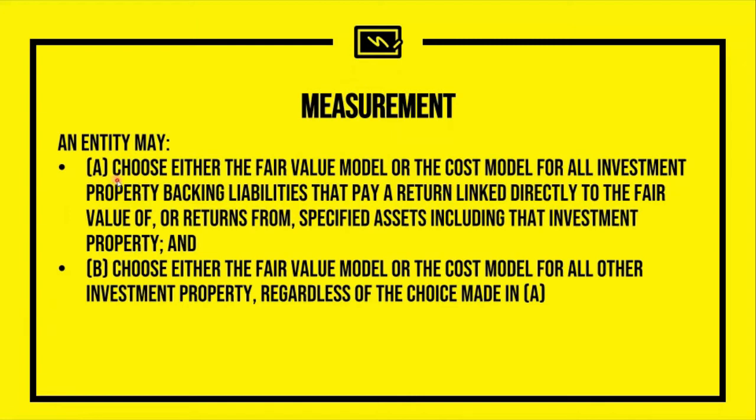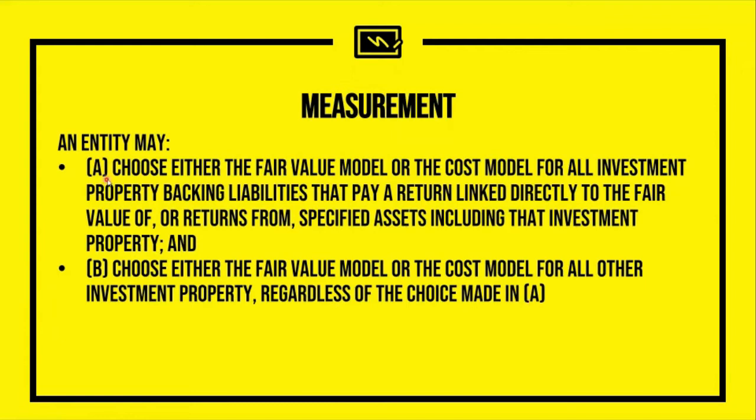You need to use only one model for all the investment property classified under letter A. And then, for all investment property classified under letter B, you must choose only one model, either fair value again or cost model, for all of those. Okay? And it says there, regardless of choice made in A.